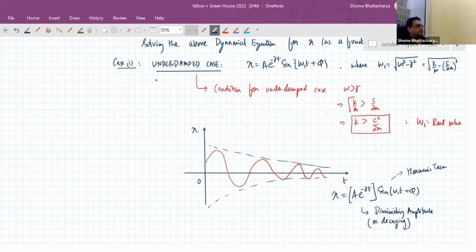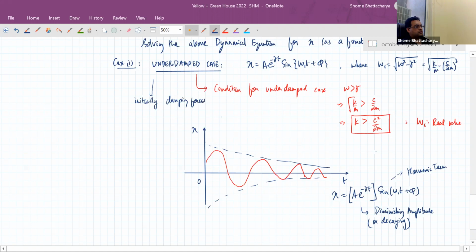So the underdamped case is a type of situation where initially the damping force is dominated over by the restorative force.